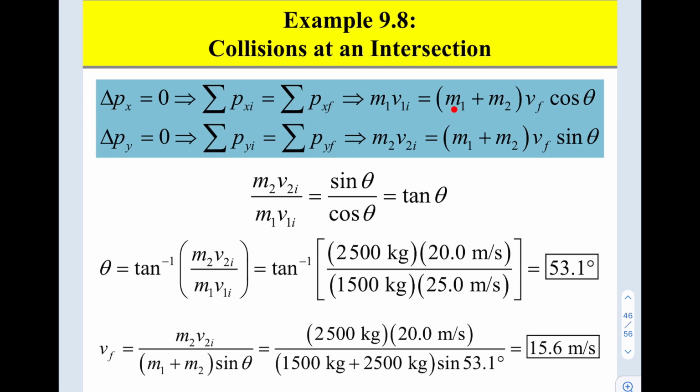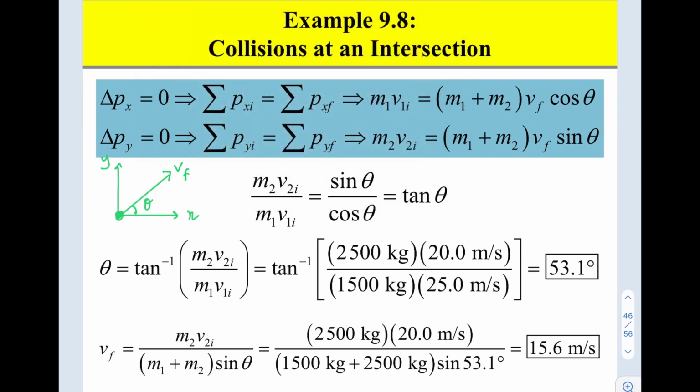So the initial x momentum of object 2 is 0. Since finally they move together, in terms of x it's going to be V final cos theta. From the given information, the velocities are along the x-axis and y-axis.